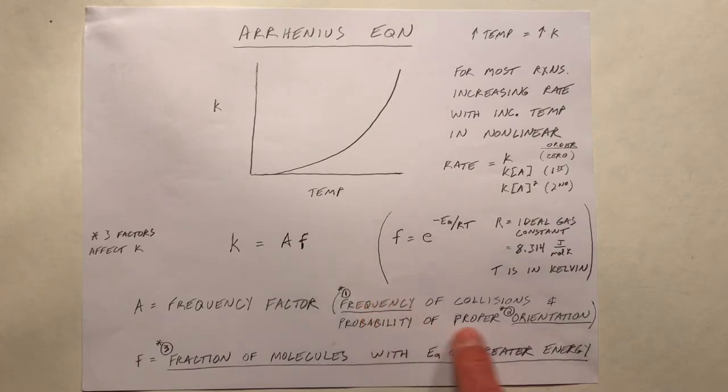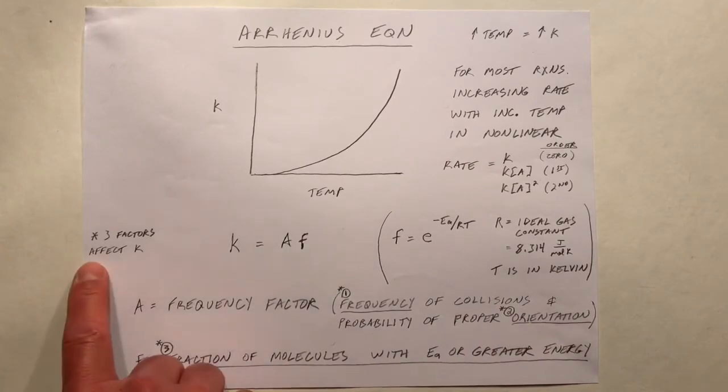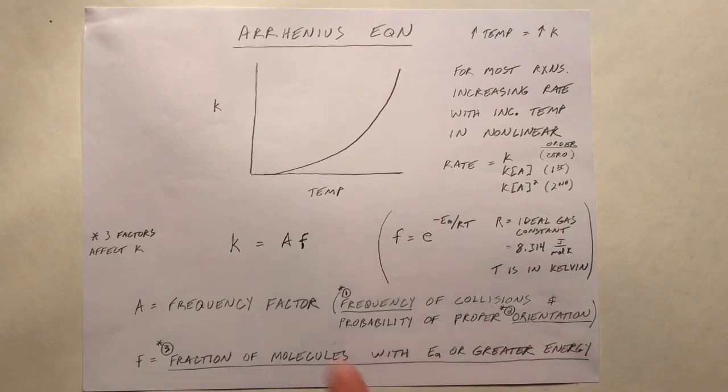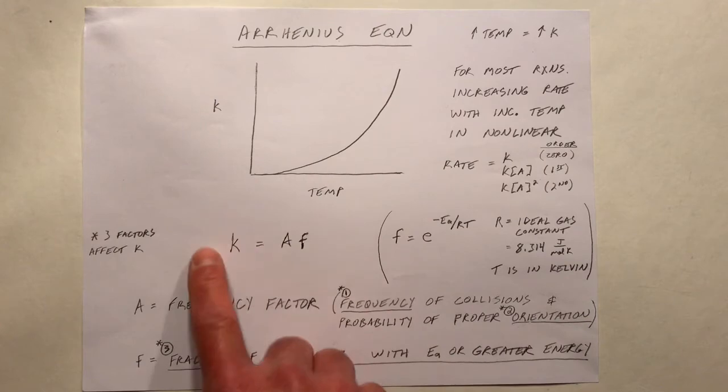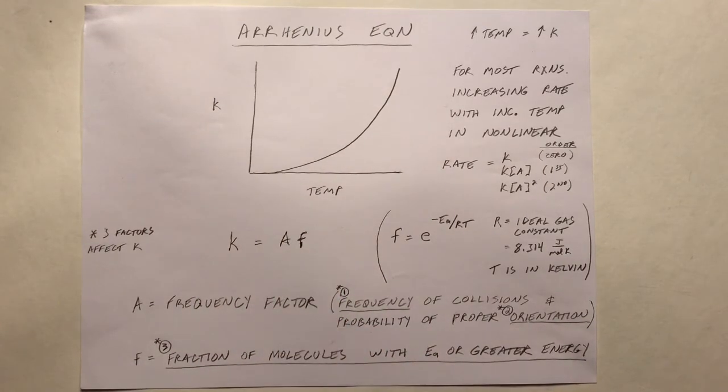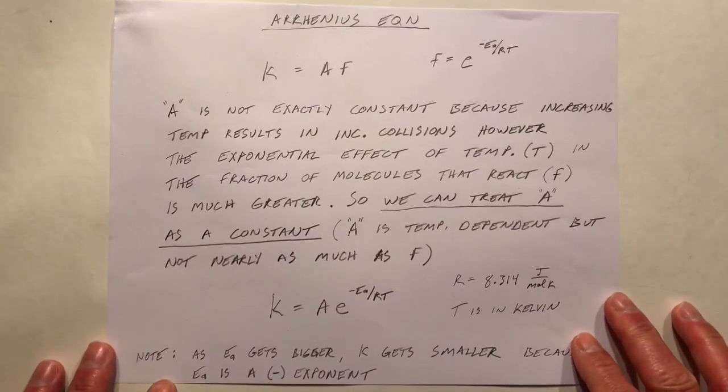So frequency of collisions, the orientation of the particles when they collide, and the third factor that affects K is the fraction of molecules with the activation energy or greater amount of energy. So this is our first version of the Arrhenius equation. Doesn't seem very useful in that form, so let's take care of that.